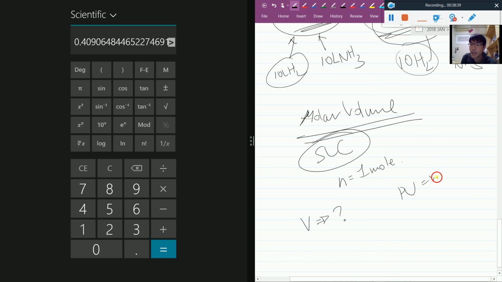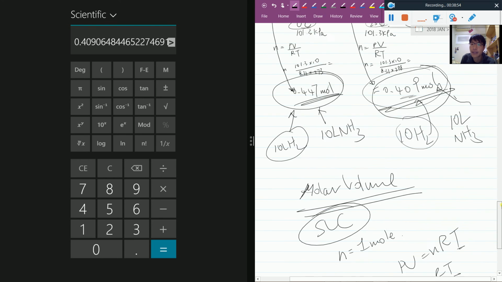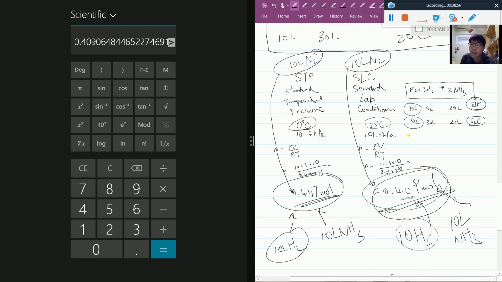PV equals nRT, so V equals nRT divided by P. 1 times 8.31 times, what is the temperature at SLC? The temperature is 25 degrees, which means 298.